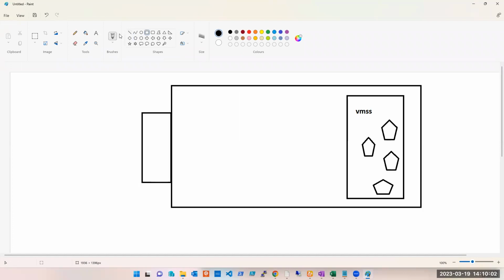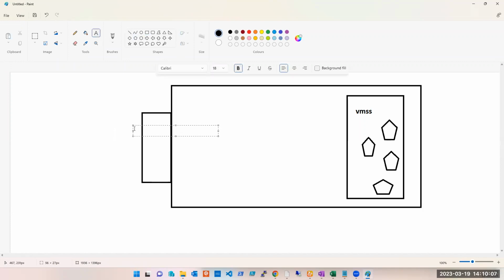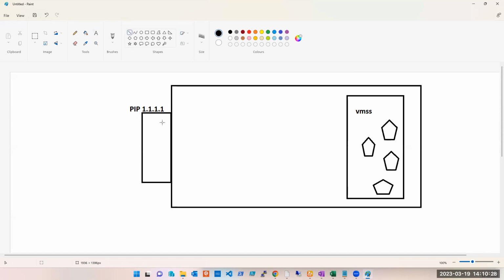This load balancer has a public IP, I'm writing it as PIP, public IP. It has a public IP 1.1.1.1. You will not see an IP like this, just for your understanding. This is the public IP I have here. So all my users have a single IP, and later on it is distributed from here to here.